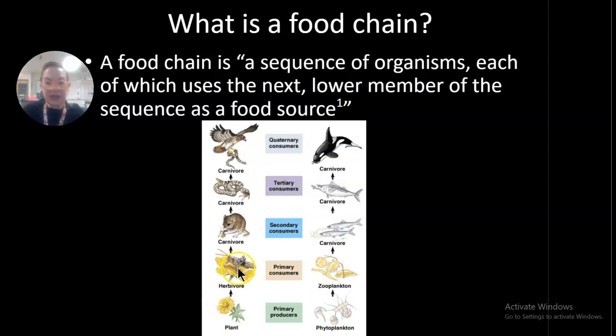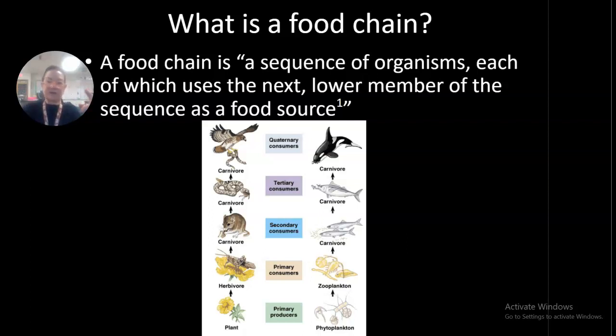And then if I look up a level, I have herbivores, also called primary consumers. And these guys are going to eat the producers. They eat vegetables or any kind of plant source. So they are called herbivores or primary consumers.